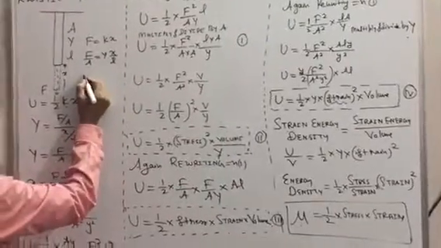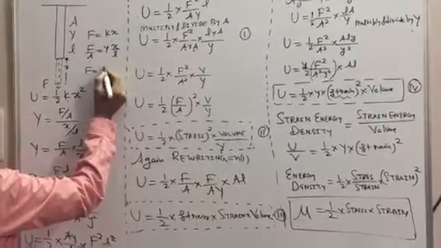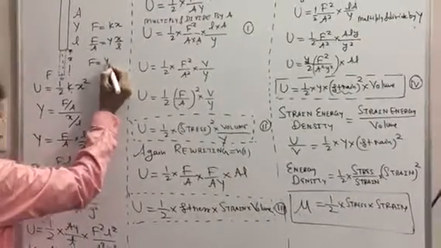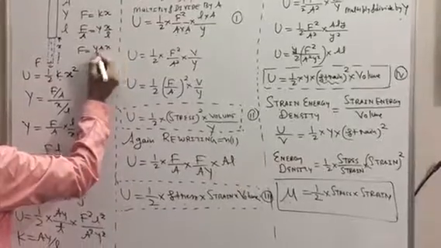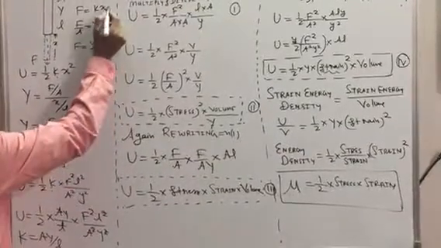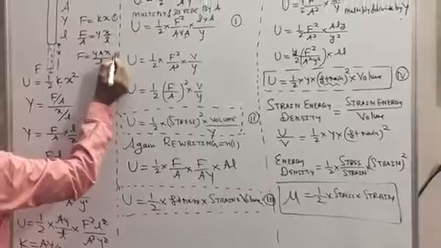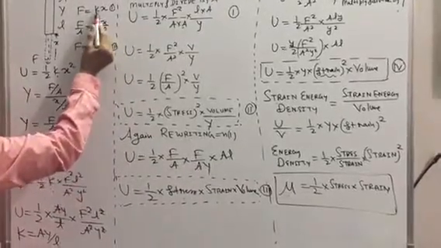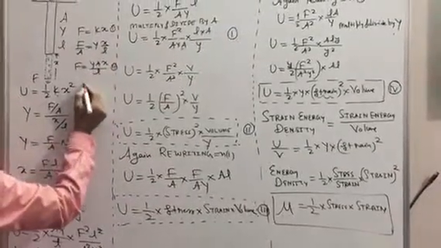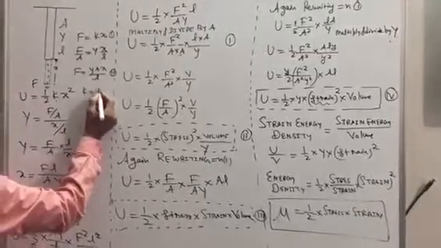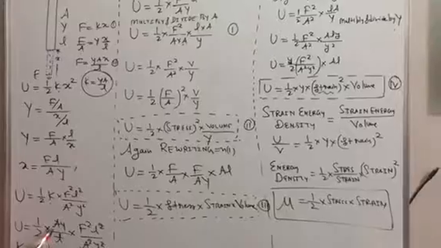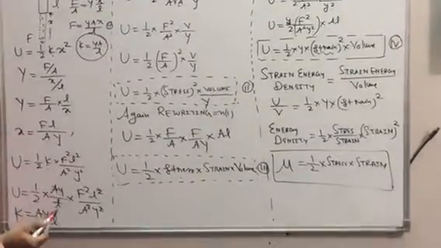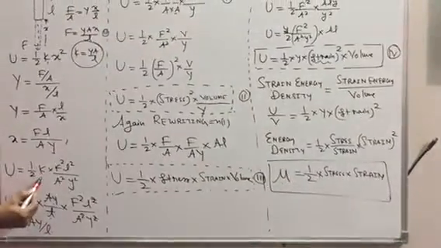So students, F is equal to YA times X upon L. This is number 1 and this is number 2. Compare first and second. What is K coming up, students? YA upon L.